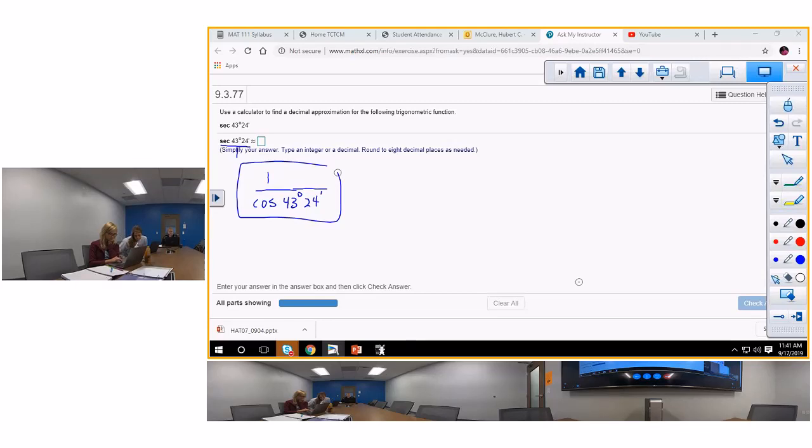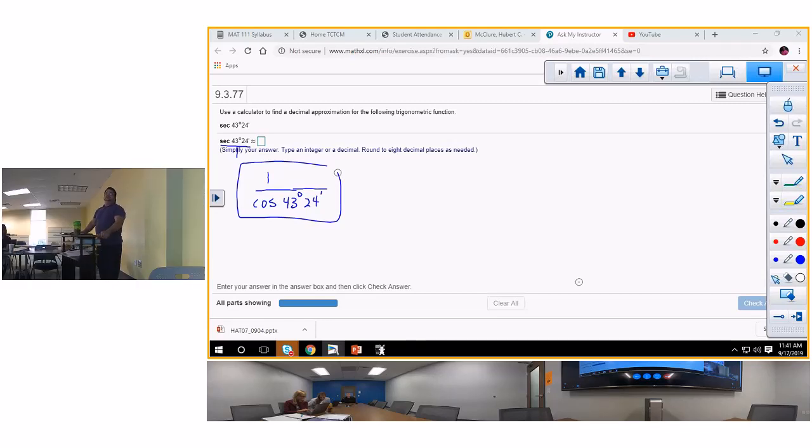Now that is a legitimate question because we haven't done anything like that, but it's the reciprocal. If you use your reciprocal rule, then you just find the secant and then put it over 1 and divide it, and that's the same thing. You can do it with a decimal, or you can put cosine of 43.